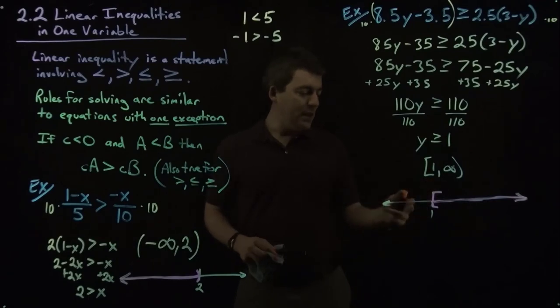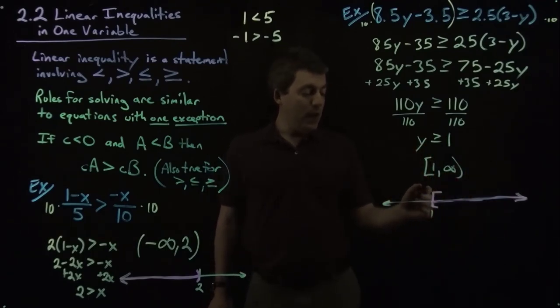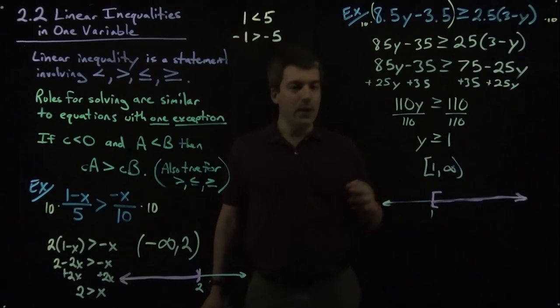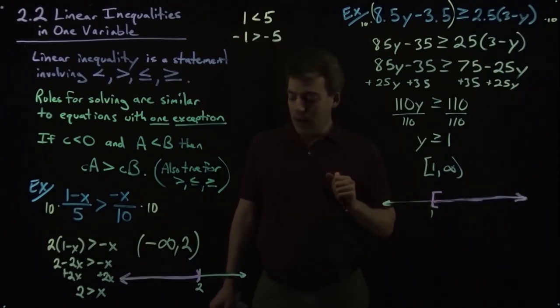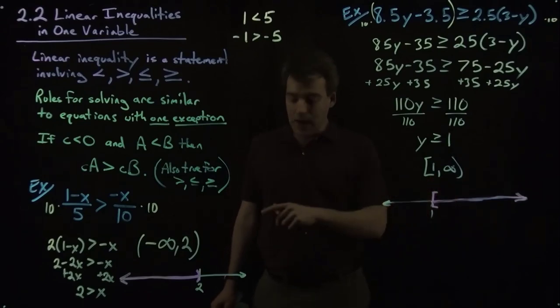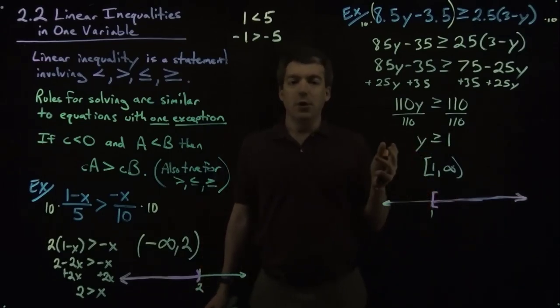Other ways you might see this solution written, or at least the number line solution written, is with a closed dot here at 1 or an open dot here at 2, depending on whether the inequality is strict or non-strict. I believe the textbook uses the parentheses and brackets, but you may see others in other books or other classes.